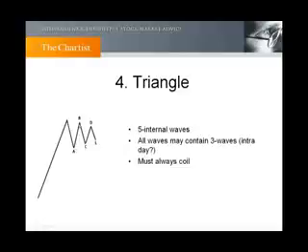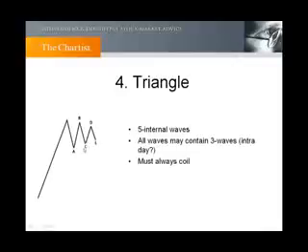So wave A, B, C, D, and E. The most important thing with a triangle, a standard triangle that is, rather than a running triangle, is that they must always coil. Wave B must be inside the prior high, wave C must be inside A, D must be inside B, and E must be inside C.